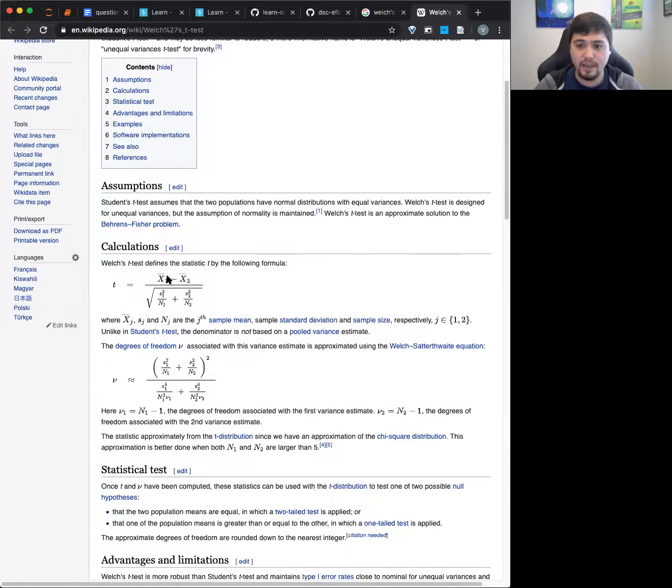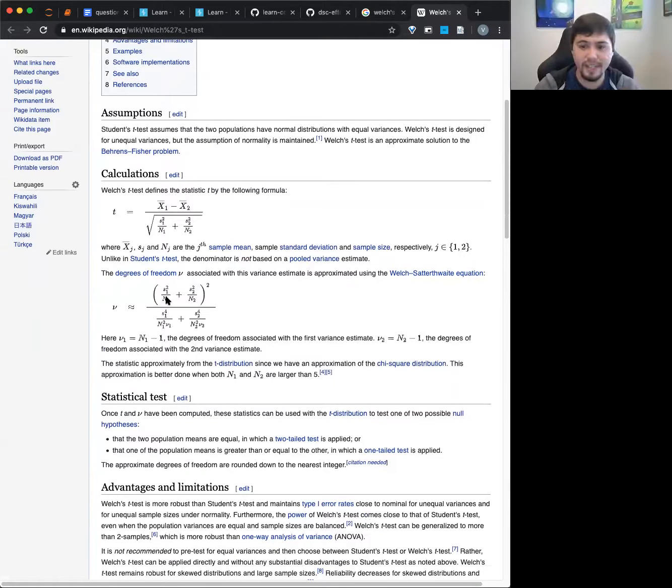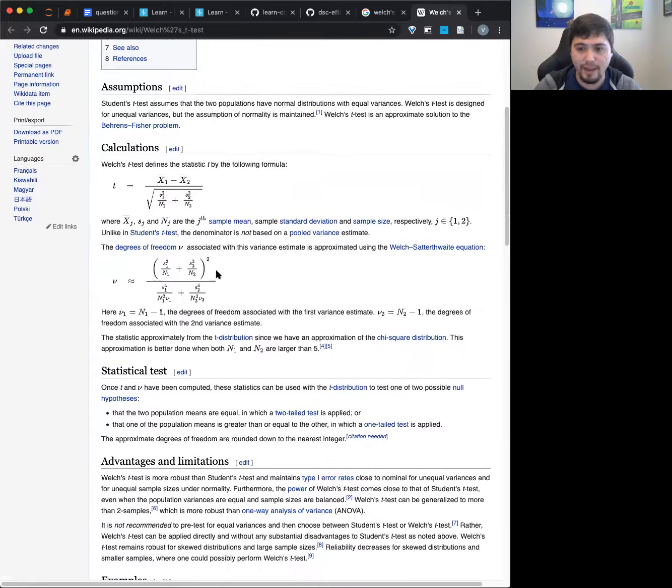So you can see here, it's the means, right? So this is pretty familiar. But isn't it the degrees of freedom, the V? Yeah, that one. And this is the one that we have to look at, right? Thank you for pointing that out. So it's S1 squared, S2 squared right here. And remember S1 is representing the standard deviation. This is really the variance of the first sample, right? So if we're looking at sample 1, sample 2, we're looking at that specific one.